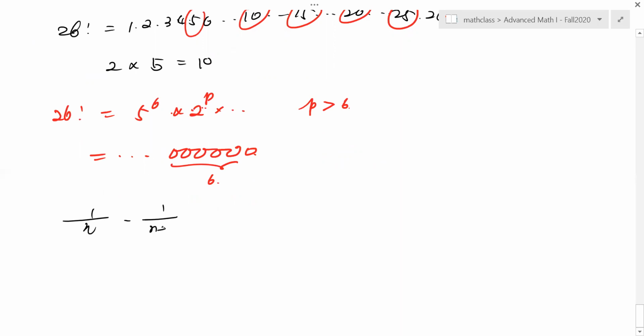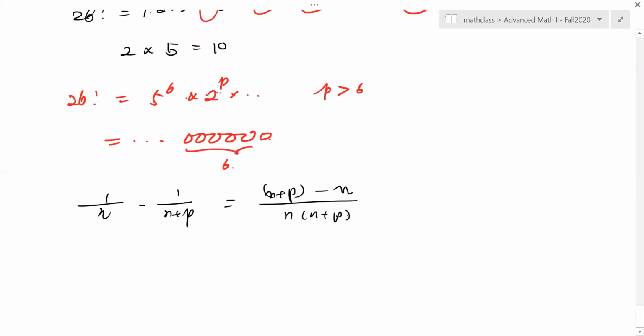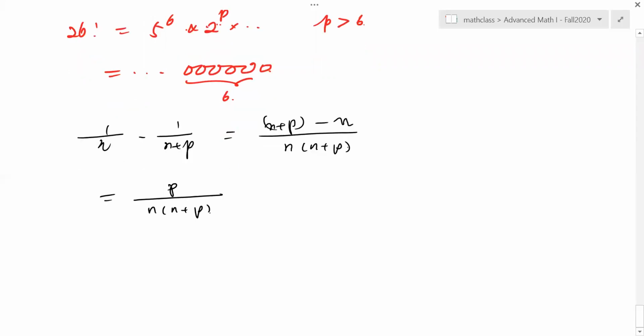All right, we have the following expression. Combine them into one. So let's see what we get. The common denominator is n times p, and the numerator is n plus p minus n. So n cancels out, and we get p over n times n plus p. This is a very important identity. You can also divide both sides by p and express it in this form.